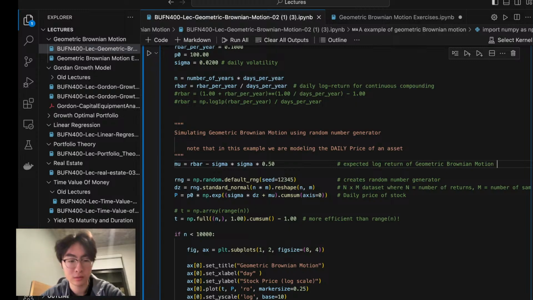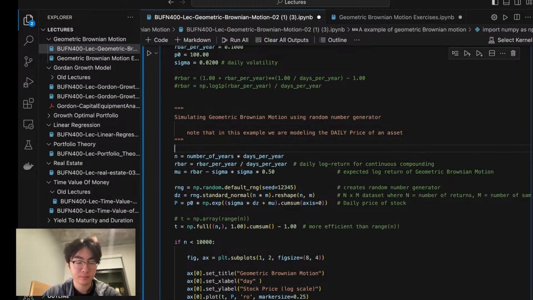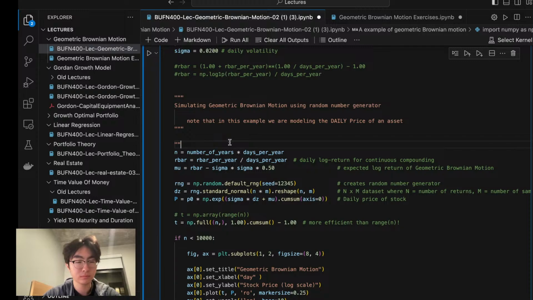Okay. Yeah, let's bring this in here actually. So call these more parameters. Okay, so this is the number of returns, number of daily returns in n years.